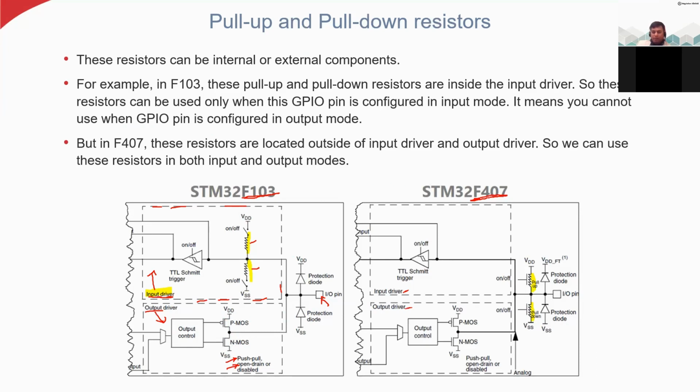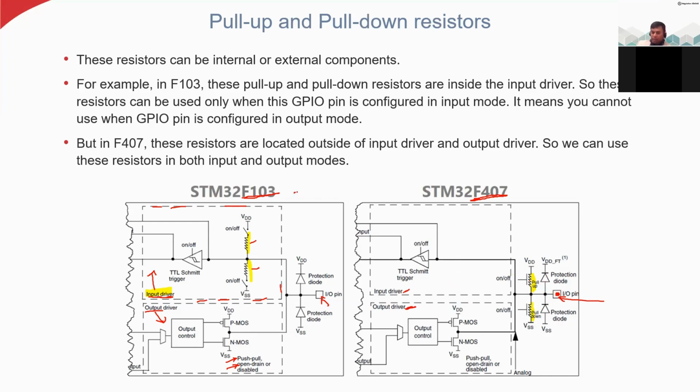But in F407, you can see in this figure we have the input driver and the output driver, and of course the pin. You can configure this pin in the tool CubeMX or CubeIDE as either input or output mode. Regardless, you can use the pull up and pull down resistor.